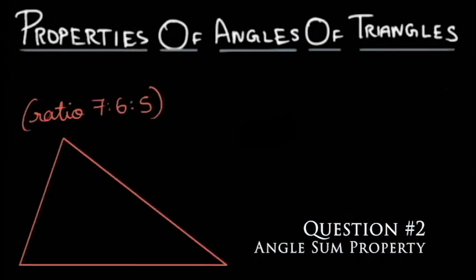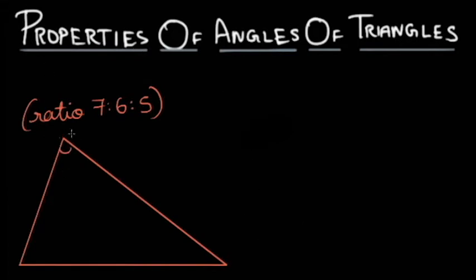Now let's do another question on the same property. This is the ratio of the three angles. Let's name them A, B and C. So the ratio is 7:6:5. A is to B is to C is equal to 7:6:5.